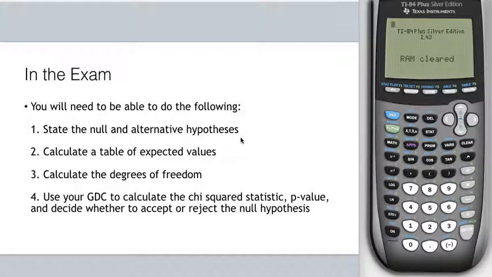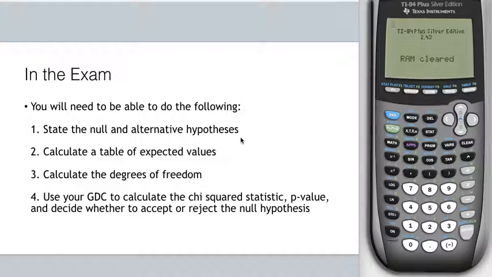Now, you also need to be able to do the calculations that we did last lesson to create a table of expected values. You can do it on your calculator. When we do the test in a minute, the calculator actually produces the table of expected values for you. But you've got to be able to explain how they are produced. So there's no getting away from that one.